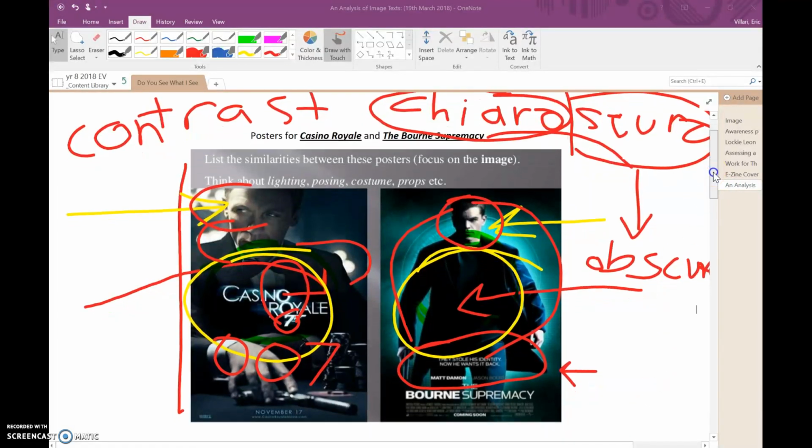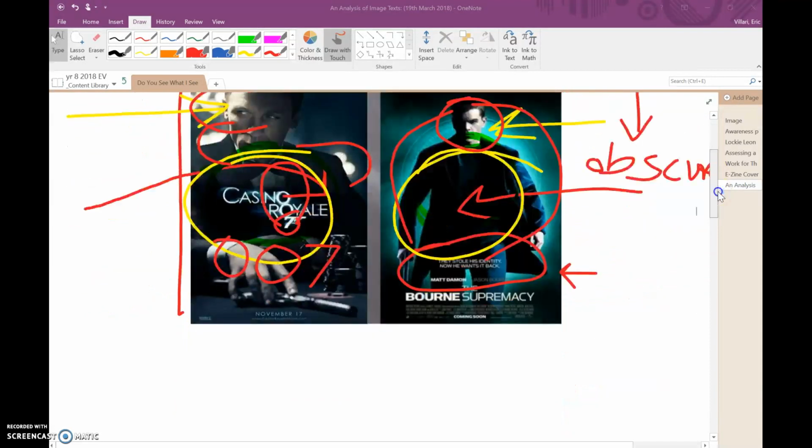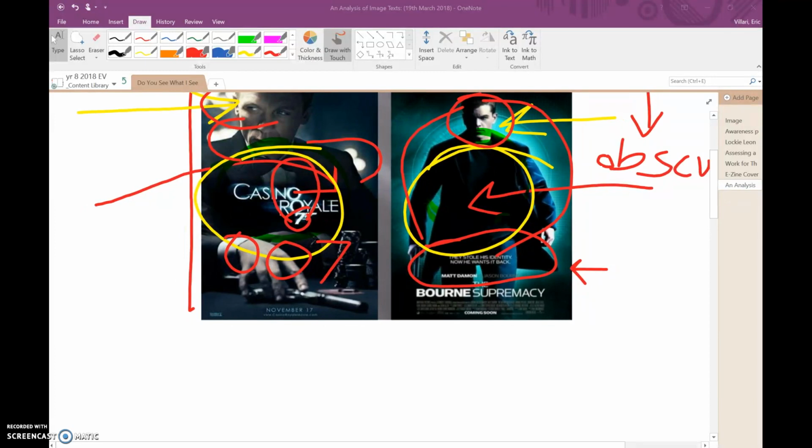If we look at the next poster, so I think you can see here, what are we dealing with? We're dealing with the sense of, we've got mystery.